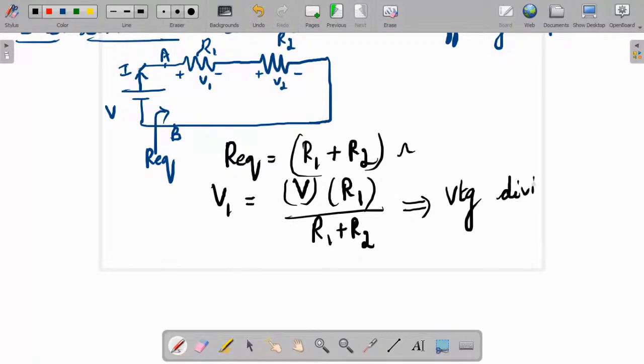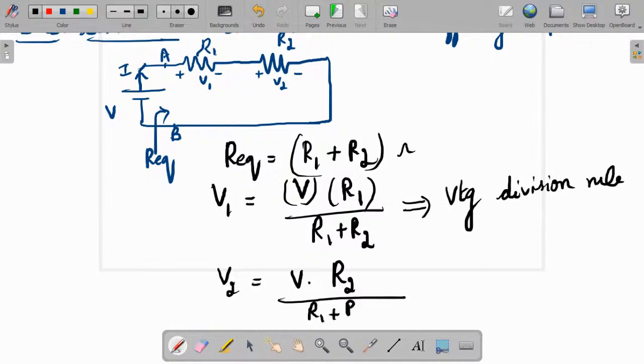This is the voltage division rule for resistors. For resistor and inductor the formula will be similar, only for the capacitor it will be modified. Okay, so here the potential drop across the resistor R2 is given by the total voltage, source voltage V, into the resistance associated with V2, which is R2, divided by the total resistance, R1 plus R2. So these two come under the voltage division rule of resistors.